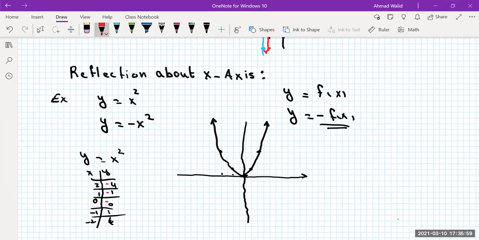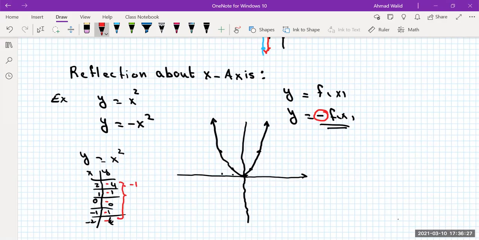If you change the values of y to negative, it gives you the reflection. That easy, because I have to look for the negative f of x. It means in your table, multiply the y column by negative 1, everything.